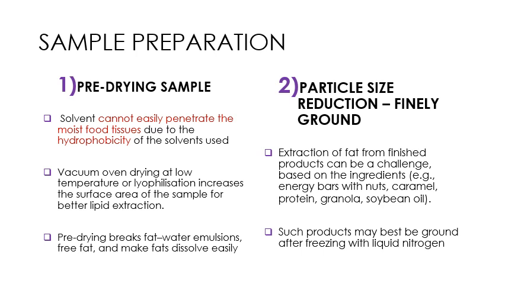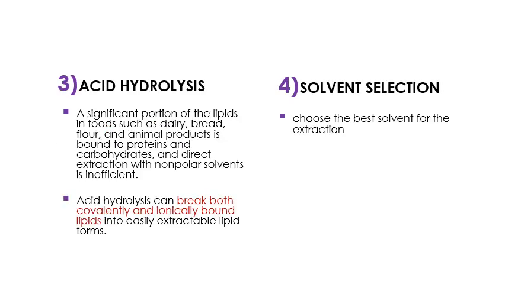Second is to reduce the particle size by finely grinding your sample. Extraction of fat from a finished product can be a challenge depending on the ingredients, so it's best for this product to be ground after freezing with liquid nitrogen. Here, a significant portion of lipids in food, such as dairy, bread, flour, and animal products, is bound to protein.